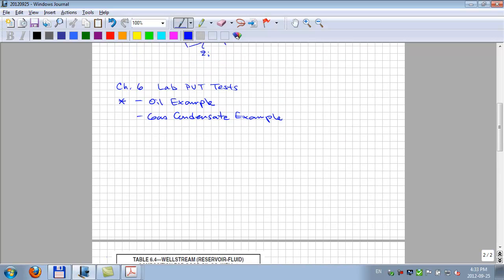Then we need some K values. As you remember from the last lecture, we need K value estimation. And we're going to use this so-called modified Wilson equation, which is in Chapter 3.